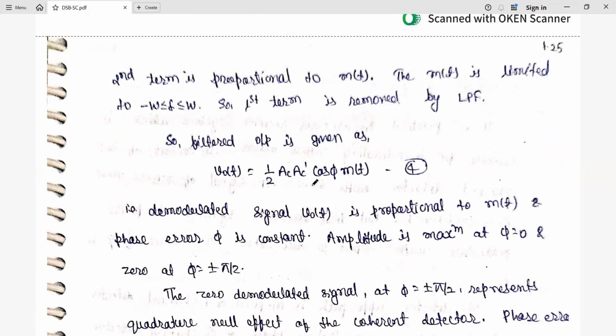So cos phi is the attenuation factor by which the wave is attenuated. The cos value is maximum when the angle is 0. Cos 0 is 1.